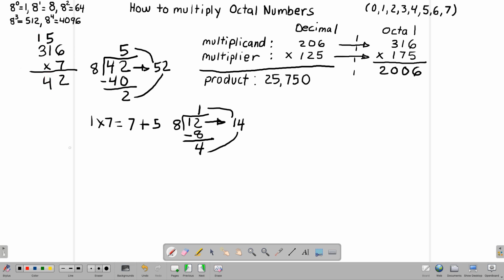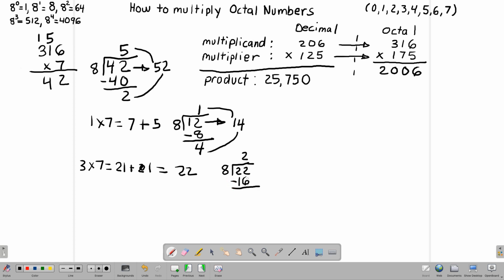So the next computation, we have 3 times 7 is 21, and then we add the carry of 1, so that gives us the value 22. So we want to convert that into octal, so we divide it by 8. 8 goes into 22 2 times. 2 times 8 is 16.